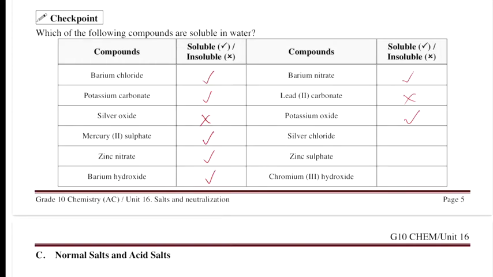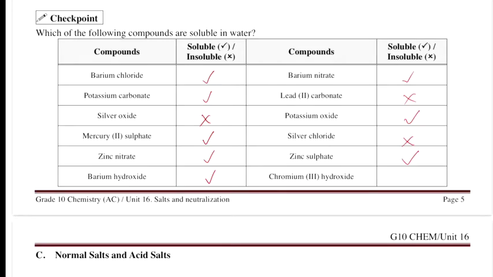So silver chloride should be insoluble. Next one, zinc sulfate. For the sulfate ion, ABCP, zinc is not included here, so zinc sulfate should be soluble. The last one, chromium 3 hydroxide. Again, for hydroxide, remember those soluble ones.